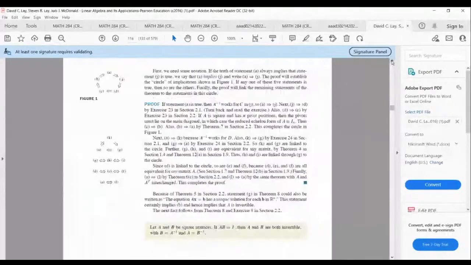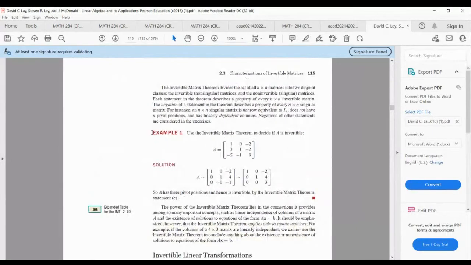Okay, hold on here. Yeah, example 1. And this actually relates to a question that Mikhail had. How do you determine if a matrix is invertible?